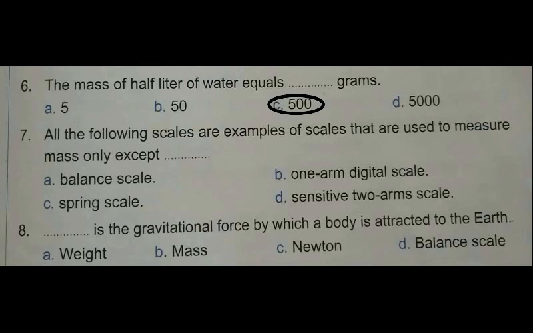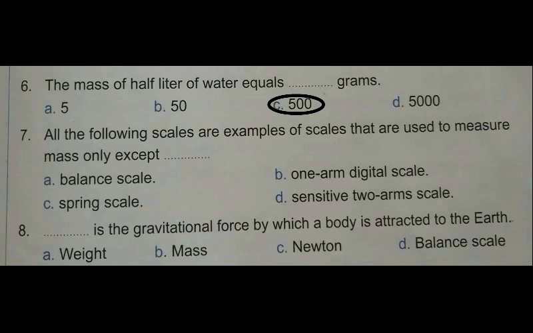All the following scales are examples of scales that are used to measure mass only except. دلوقتي هنشوف، هيقول لي بعض أنواع الموازين اللي بتناسب لقياس الكتلة فيما عدا واحدة. هيقول لي واحدة غلط، هنشوف هي ايه.